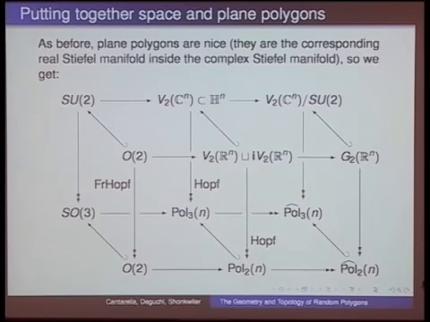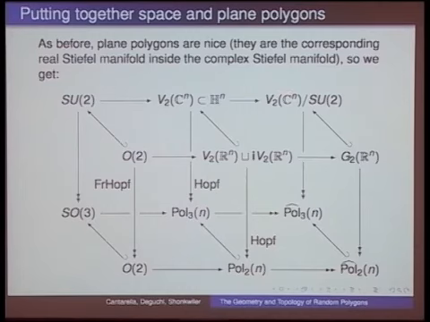The moduli space, the Stiefel manifold mod SU2, is almost a Grassmann manifold of 2-planes in complex n-space, but it's actually a circle bundle over the Grassmann manifold. If it was V2 mod U2, it would be the Grassmann manifold. Downstairs, we've got closed polygons and the moduli space, and closed plane polygons and the moduli space.